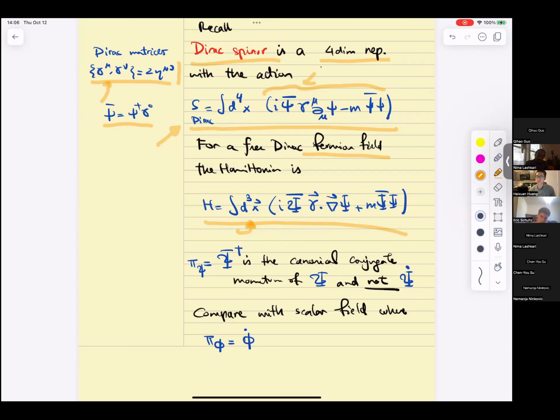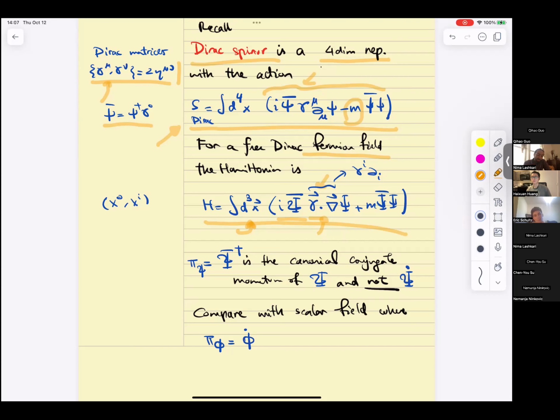So your Hamiltonian ends up being i psi bar gamma i del i, where I've done a canonical splitting like this, right? And this is the Dirac mass. A few lectures back, I was calling this M prime, but I've changed notation. I said so when I changed notation, right?